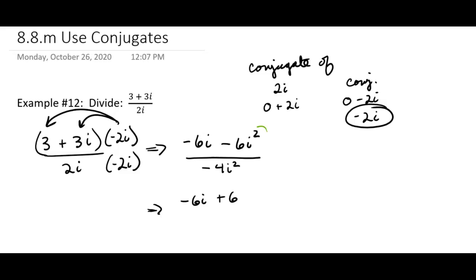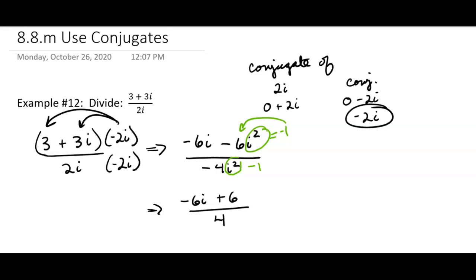Because this i squared equals negative 1. So you got negative 1 times the negative 6, which is going to make that plus 6. Okay. Over, it's going to be 4, because, again, this i squared is going to be equal to negative 1. And so you're going to have negative 4 times negative 1, which is positive 4.